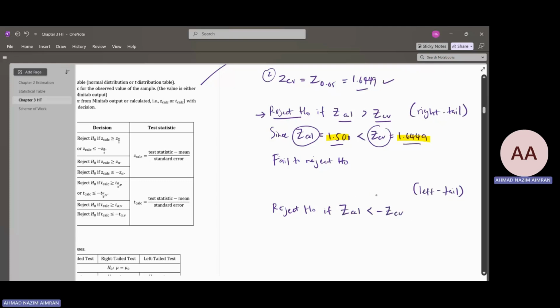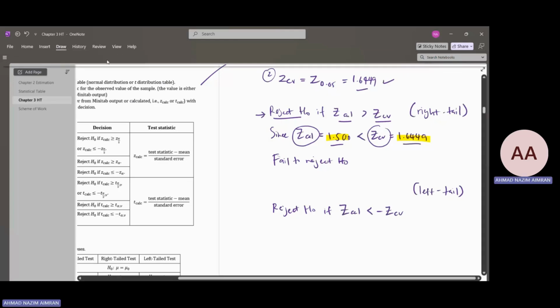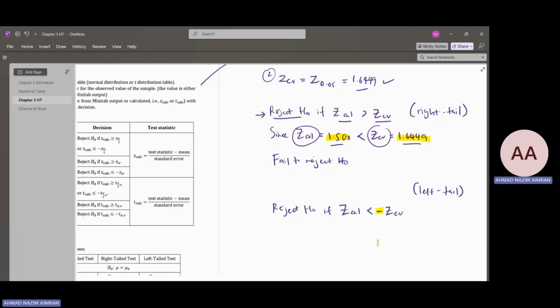Now here there is a negative symbol for Z critical value, because why? For the left tail test, we expect to get a negative value for the Z calculated.